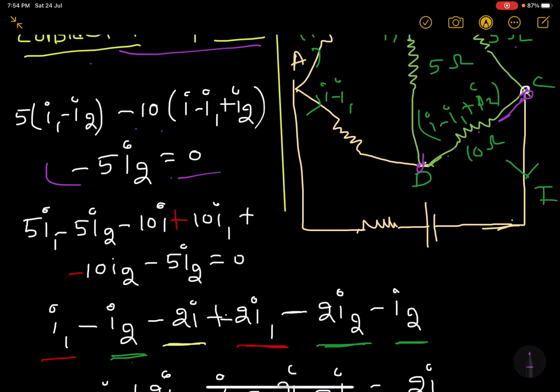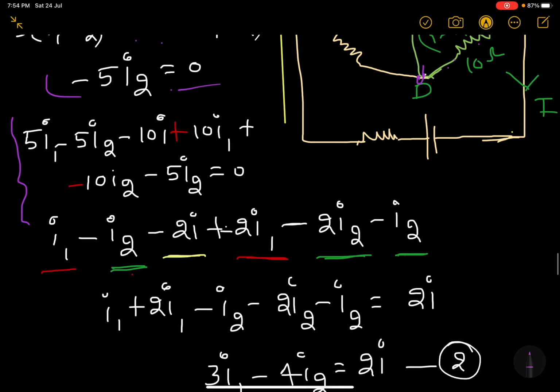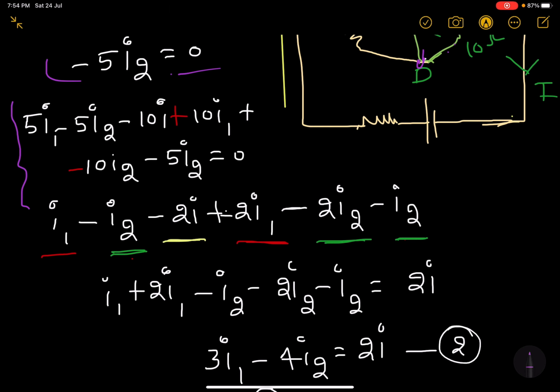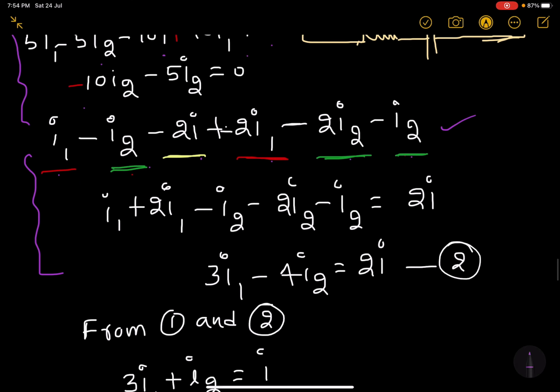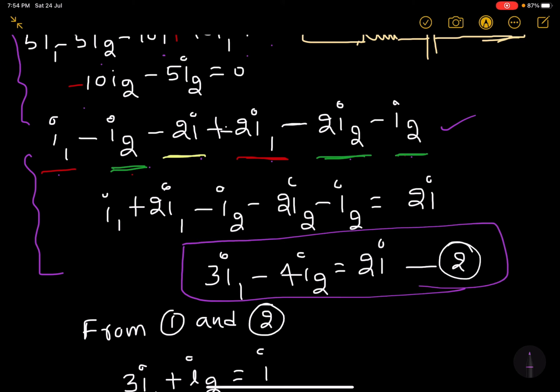Simplifying: 5I1 minus 5I2 minus 10I plus 10I1 minus 10I2 minus I2 equal to 0. Solving, we get 3I1 minus 4I2 equal to 2I.